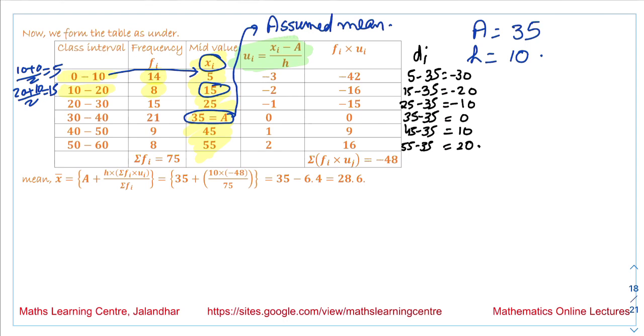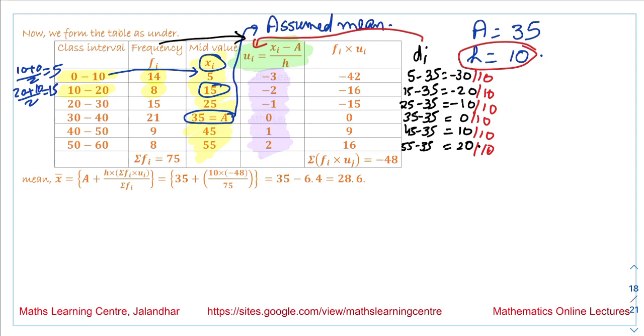If we look at these values, the common factor is h equal to 10, and all these terms are divisible by 10. So we divide all these values by 10 to obtain the values of ui. The values of ui are -3, -2, -1, 0, 1 and 2.